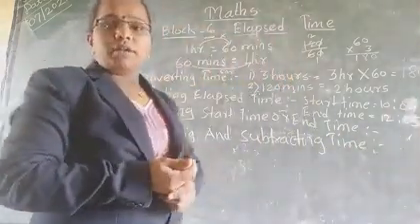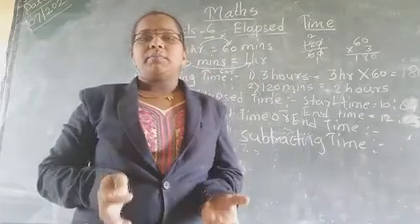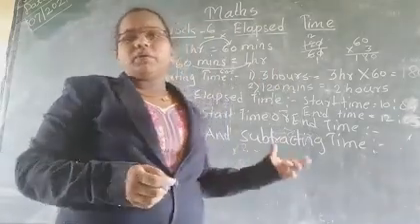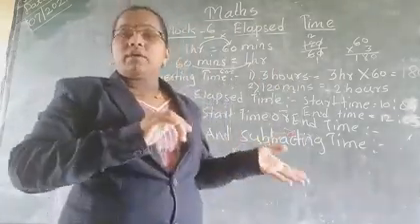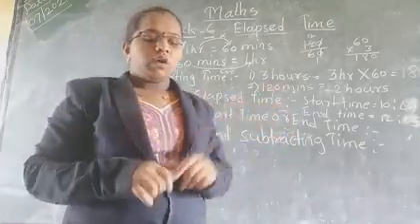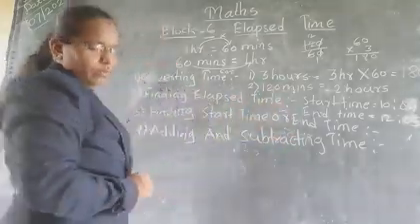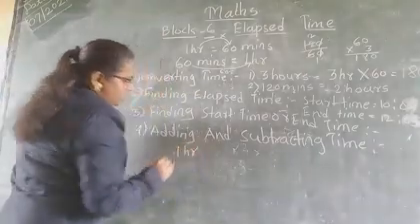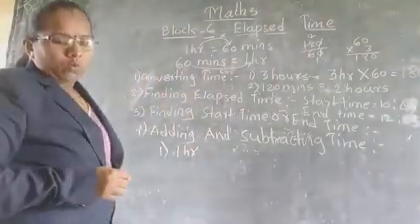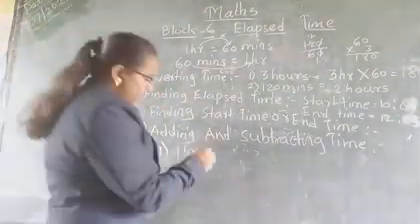Like your examples, the addition example and subtraction example, but here we use the units and we convert the hours into minutes and minutes into hours. Suppose here is one example: 1 hour 30 minutes.